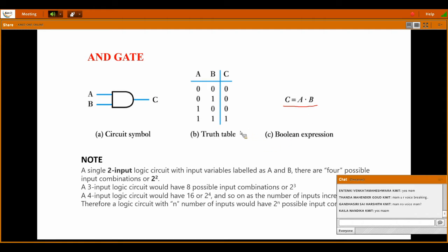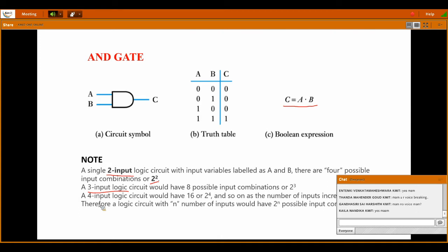And one more thing you need to note here: for any digital circuit which has two inputs, the possible combinations in the truth table will be 2 power 2, that is 4 combinations. If there is a logic circuit which has three inputs, suppose A, B and C, then the possible combinations in the truth table will be 2 power 3, that is 8 combinations. We need to take all the possible combinations of the input and check the output for them.